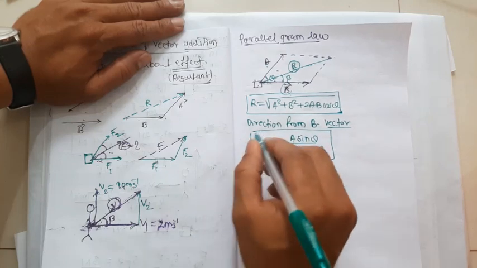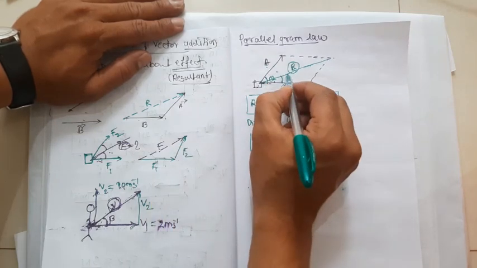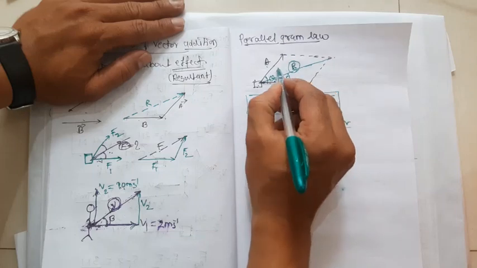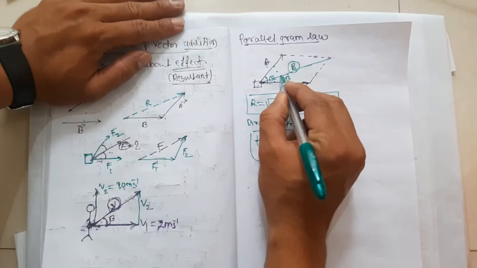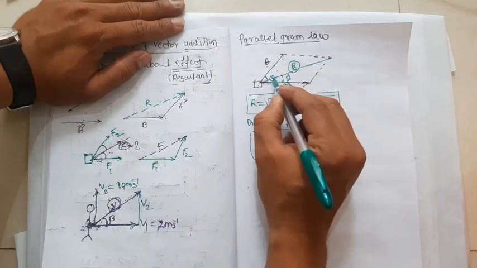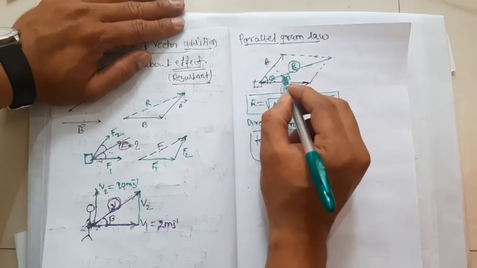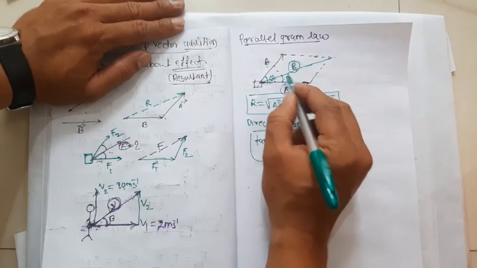This is the thing. Now you can also find out the direction from the A vector also. If you got the angle from B, automatically you will get the direction from A itself. How? Theta minus beta.